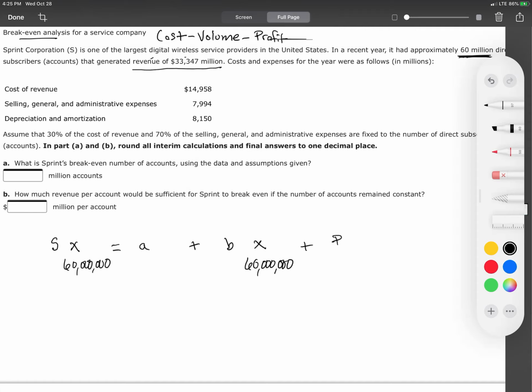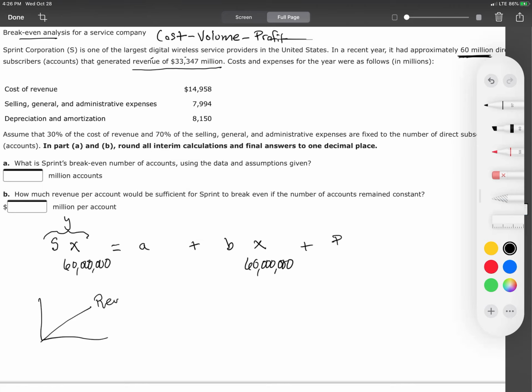They generated revenue of 33 million. No, that's actually billions.